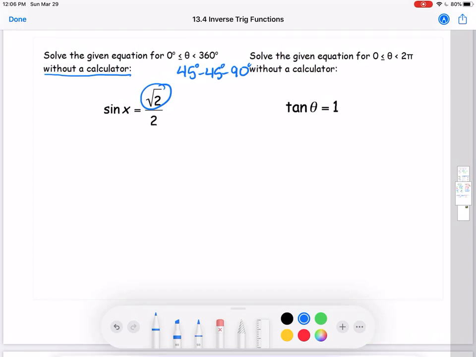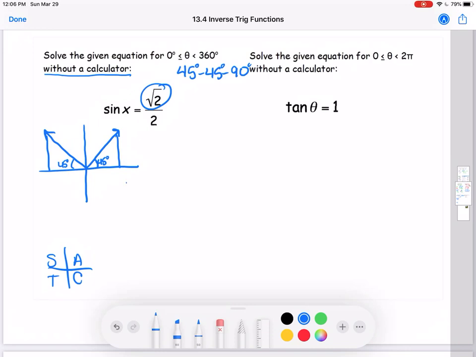So I think about this like sine has to be positive in quadrant 1 and in quadrant 2, because again we're talking about that SATC thing. Who's positive where? Okay, and if it's 45, 45, 90, that means I have a 45 degree angle there and a 45 degree angle there.